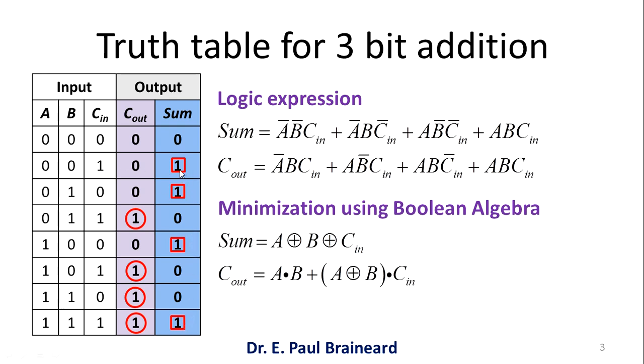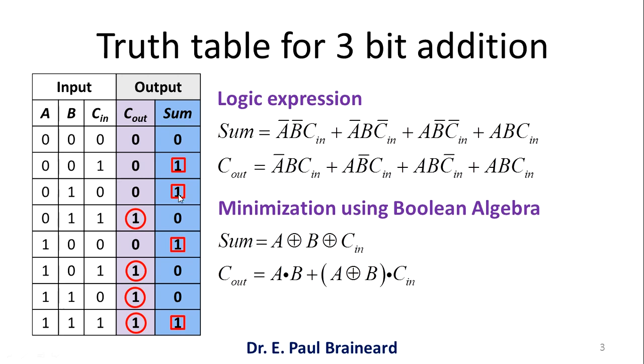For example, for this particular logic high output, the input combinations were A is 0, B is 0 and carry input is 1. The zeros are represented by bar and ones are represented as they are. So for this particular high output, the corresponding inputs are A bar, B bar and C in. That's what I have put here.